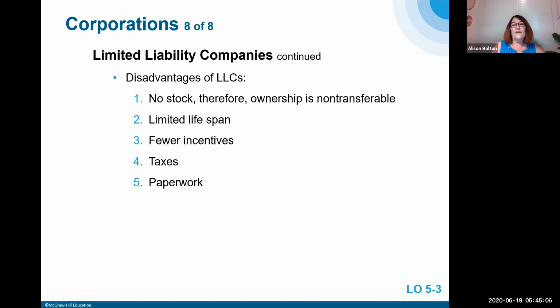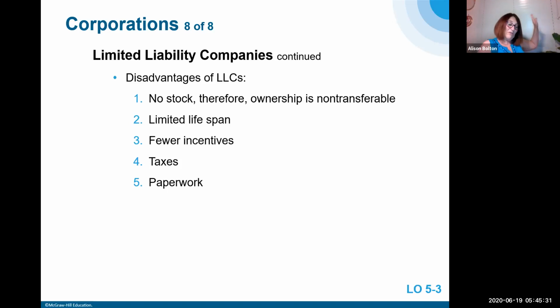Of course, there are disadvantages. No stock, no ownership is transferable. Limited lifespan, a lot like the sole proprietorship. You have less incentive to do the work. Of course, you have taxes just like everybody else, but it'll be different, especially if you're not putting money aside for taxes.